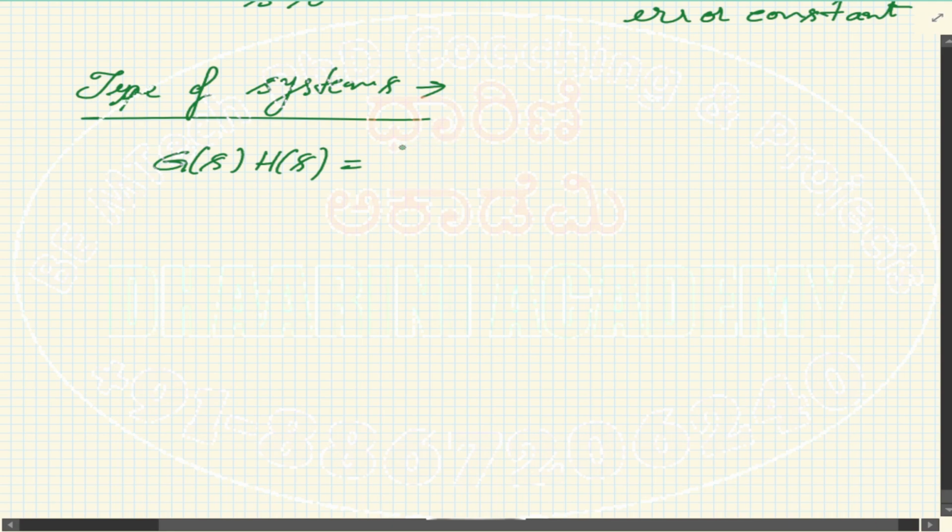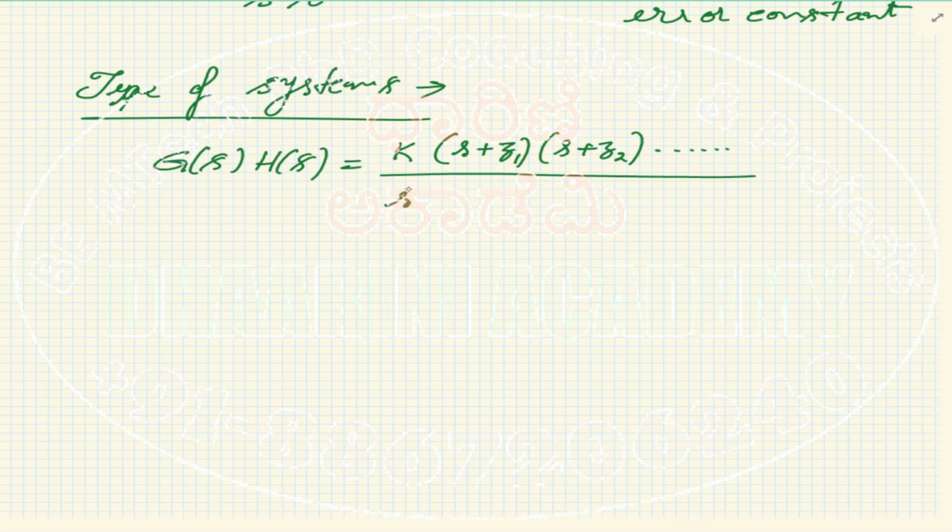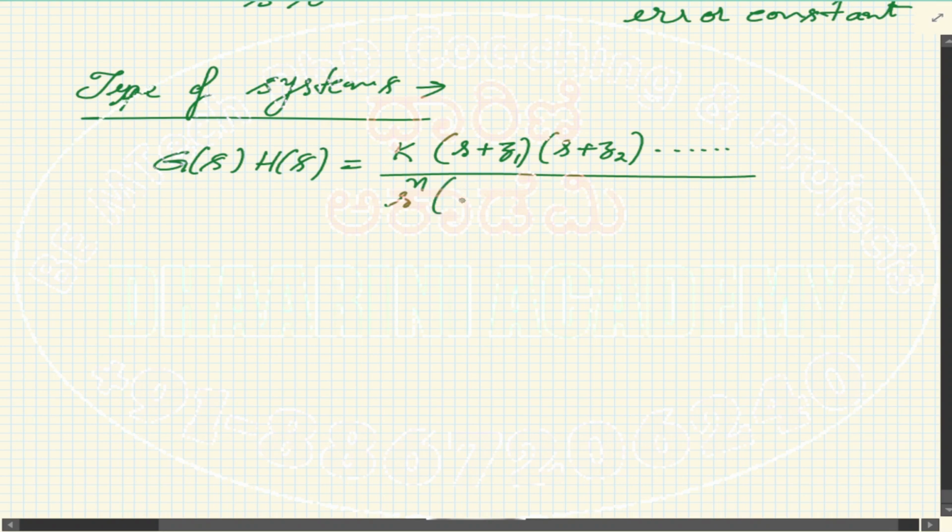In the pole zero format we can write it in the following notation: K into (s plus z1)(s plus z2), there can be several zeros in the numerator, and the system can also have several poles, so s to the power n, then (s plus p1)(s plus p2), etc. In the factorized format we can write it in this notation.